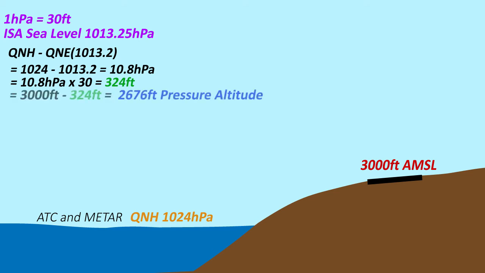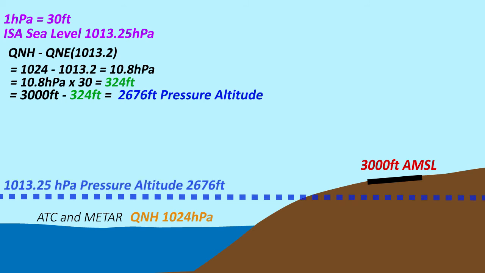So we subtract 324 feet from 3,000 feet. This will give us a pressure altitude of 2,676 feet. Now if the QNH was lower than the standard, we would do the exact same, but we would then add the values and not subtract them.